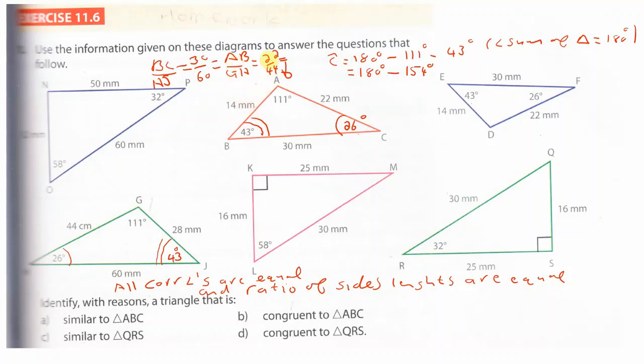It should have been AB is between 111 and 43, so it should have been GJ, which is 111 and 43. So this should have been GJ. So AB is in fact 14 and GJ is in fact 28. So we have 14 over 28.